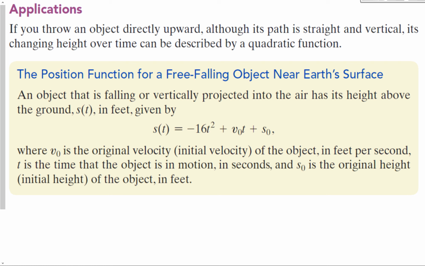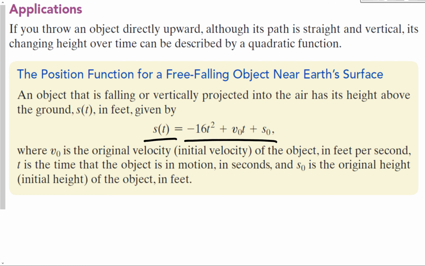Okay. So, how can you use this with some fun word problems? So if you throw an object directly upwards, although its path looks straight and vertical, its changing height over time can be described by a quadratic function. So the position function for a free-falling object near the Earth's surface is given by this equation right here.